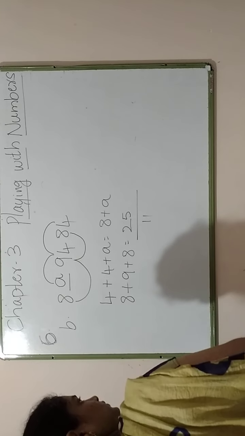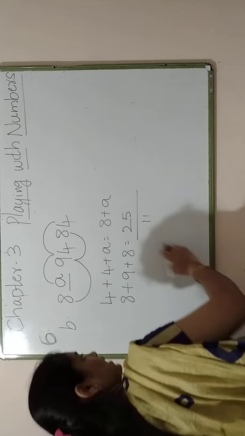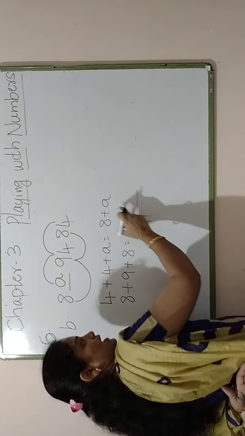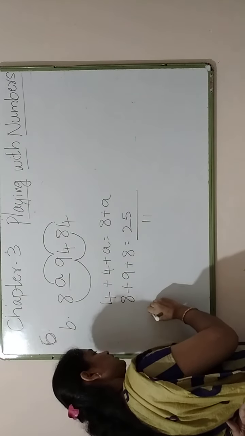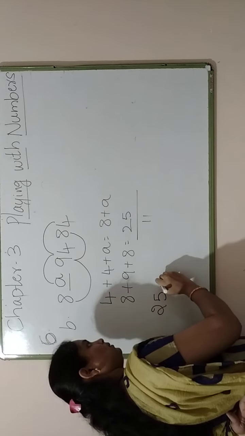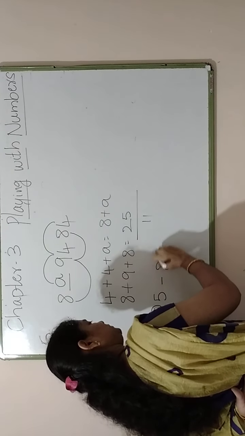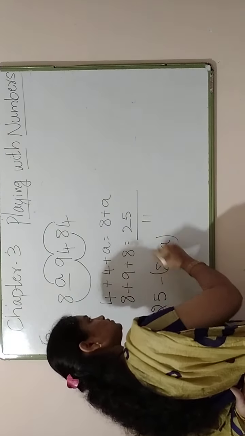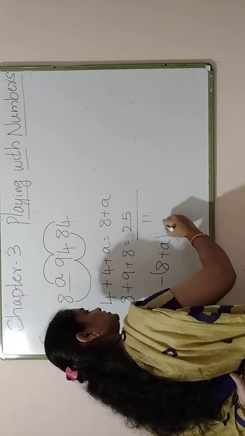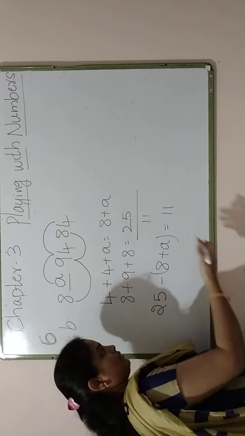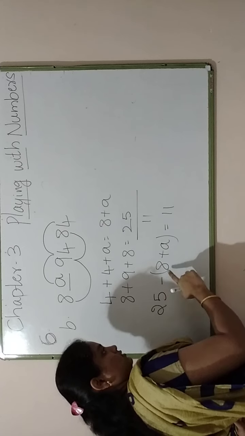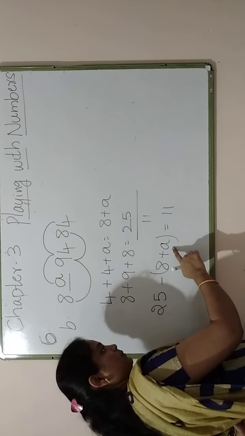So what we have to do is subtract these numbers, right? So let us take 25 minus 8 plus a. So this number minus this number is equal to 11.